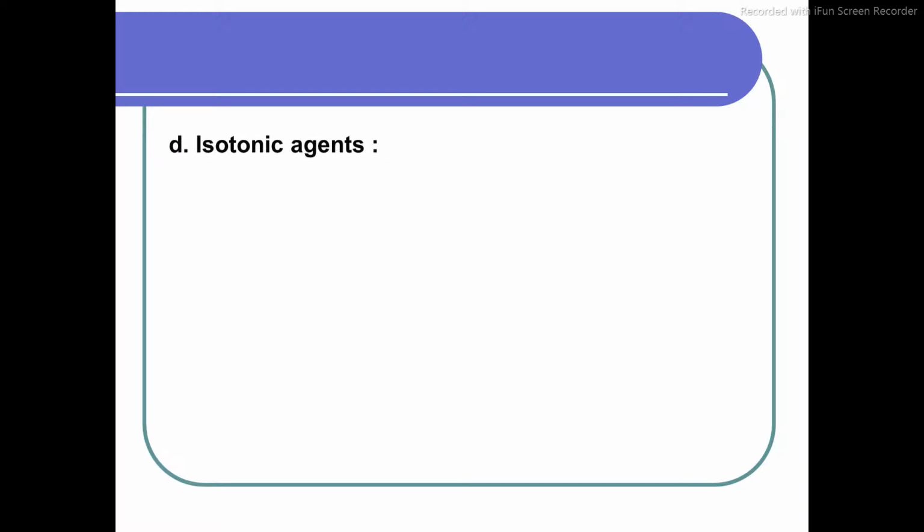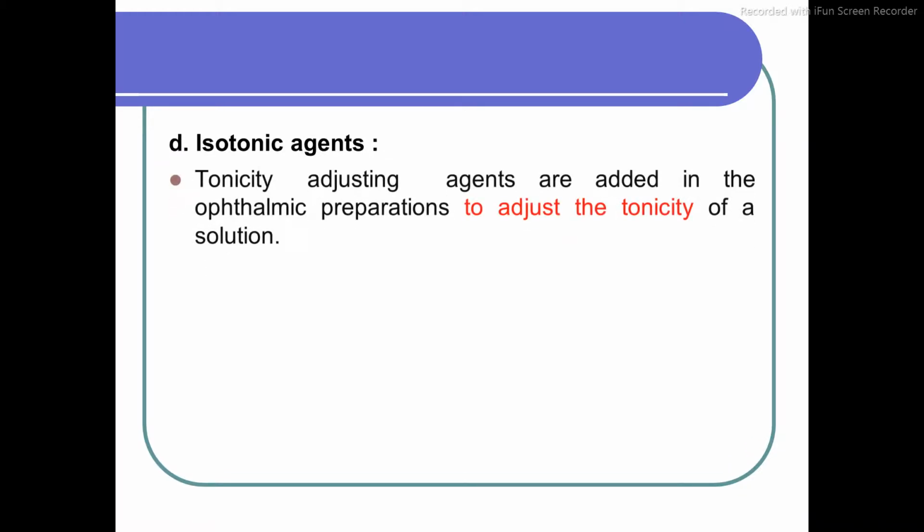Next one is the isotonic agents. And what is meant by an isotonic agent? The agents that can adjust the tonicity of your ophthalmic preparation. Tonicity is again responsible for irritation. If your eye drops are isotonic with your lacrimal fluid, then there will be no irritation. But when there is a change in tonicity, if we are using eye drops which are highly hypertonic, meaning having a high concentration of ions, then the hypertonic solution may be responsible for irritation in your eyes.